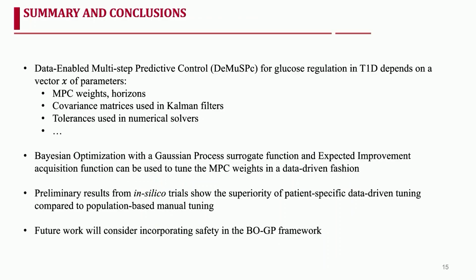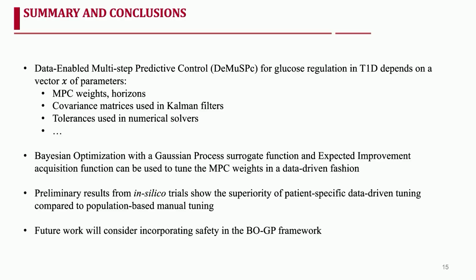So what can we conclude? Well, I've shown you how we can use what we call data-enabled predictive control, an optimal control strategy, to compute optimal insulin doses for patients in automated insulin delivery. And how we can use Bayesian optimization with a Gaussian process surrogate function and expected improvement acquisition function to obtain individual-specific parameters that we feed back into our controller.